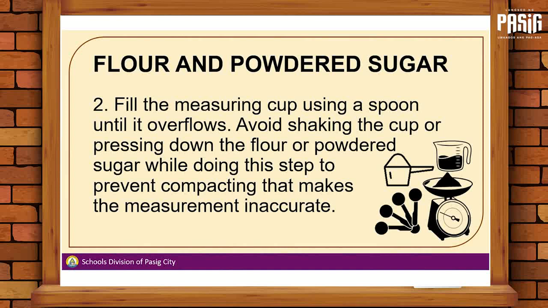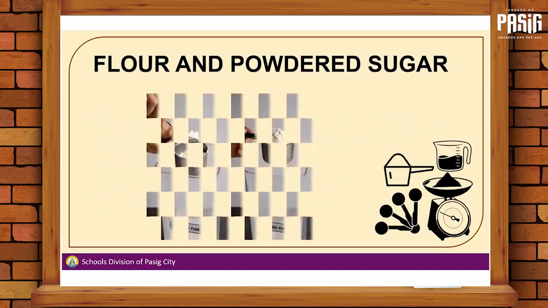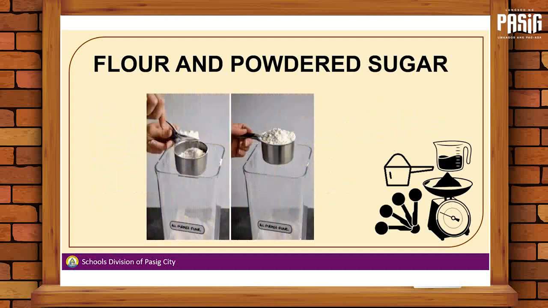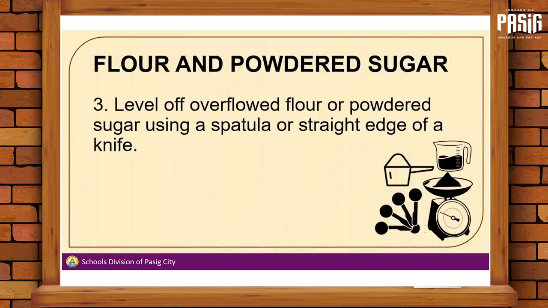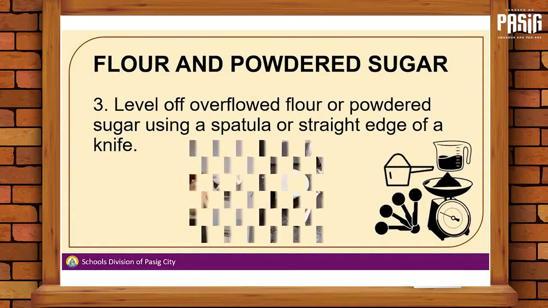Avoid shaking the cup or pressing down the flour or powdered sugar while doing this step to prevent compacting that makes the measurement inaccurate. And for the last step, level off overflowed flour or powdered sugar using a spatula or straight edge of a knife.